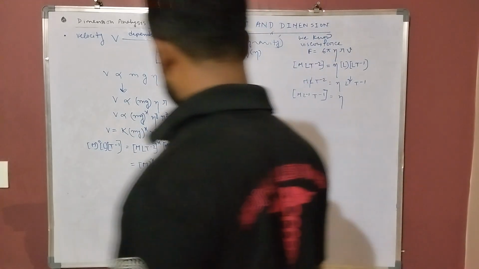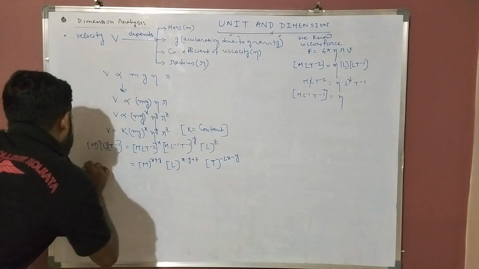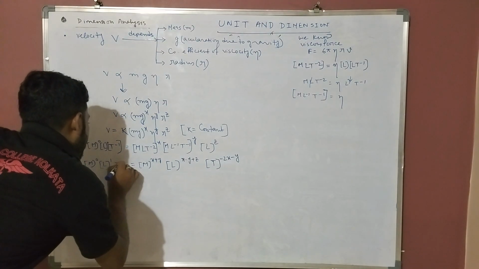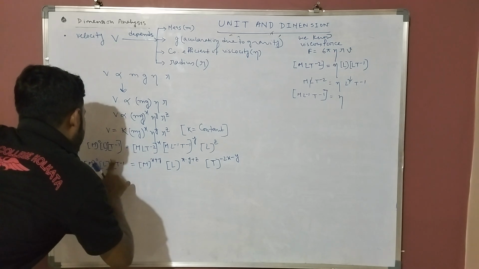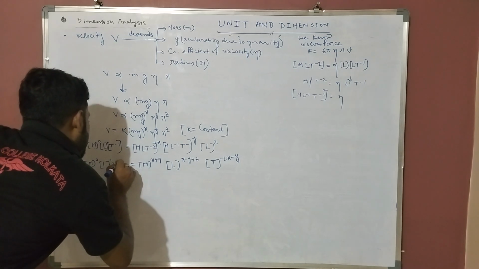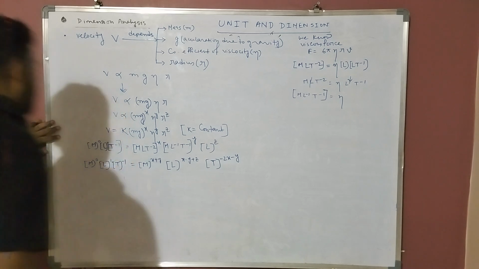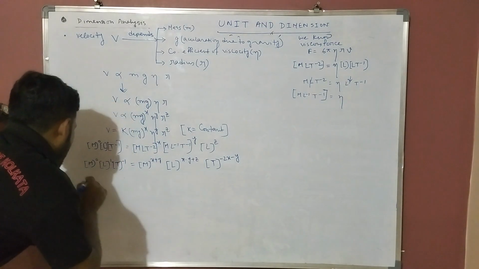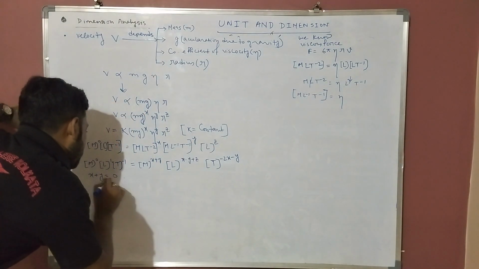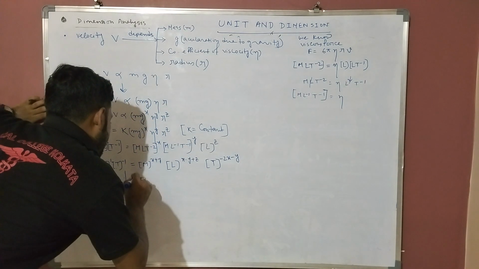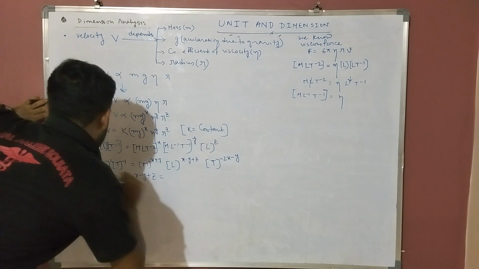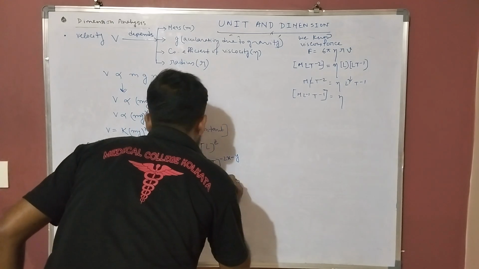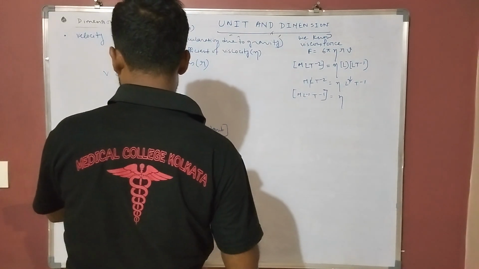That's it. So comparing both sides, we can write x plus y is equal to 0, x minus y plus z is equal to 1, and minus 2x minus y is equal to minus 1.